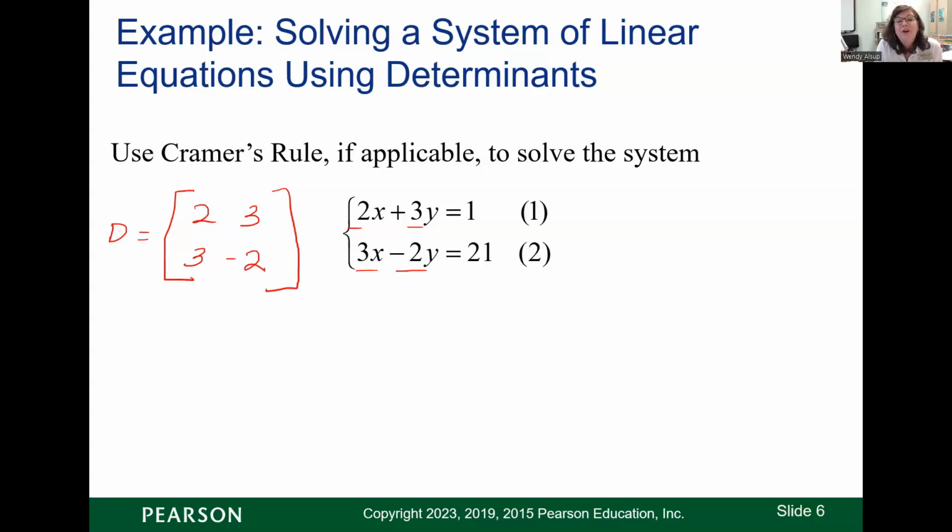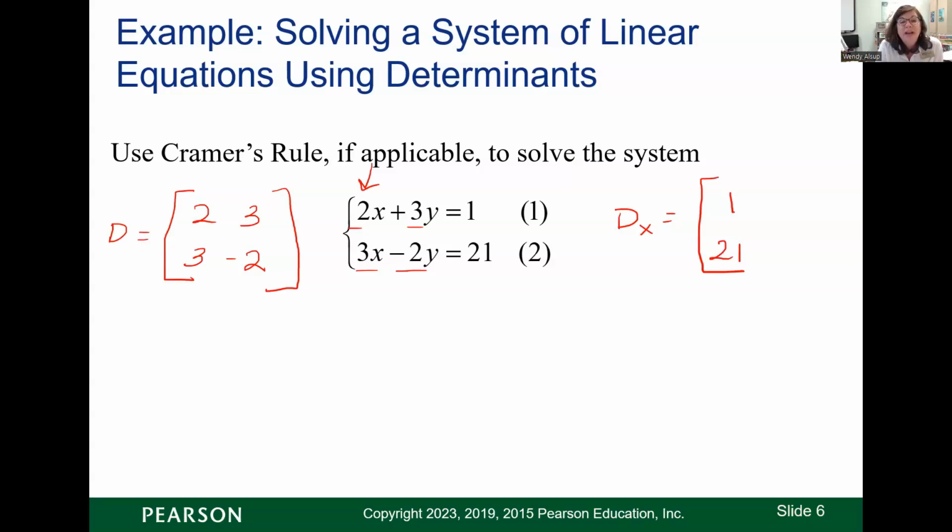Then we're going to make something called D sub x. D sub x is going to be a determinant where, in place of the x coefficients, we put the constants at the end. So instead of 2 and 3 to start out, I'm going to replace the x coefficients with the constants at the end, 1 and 21.